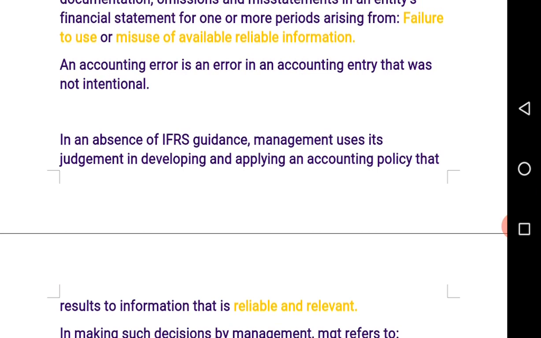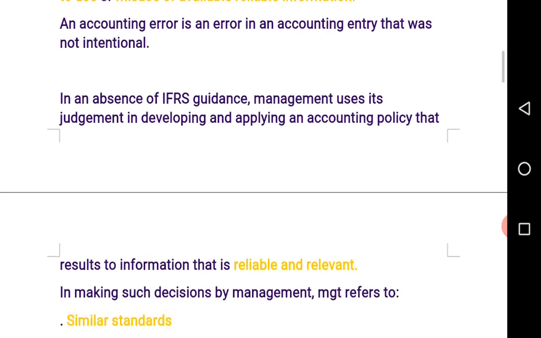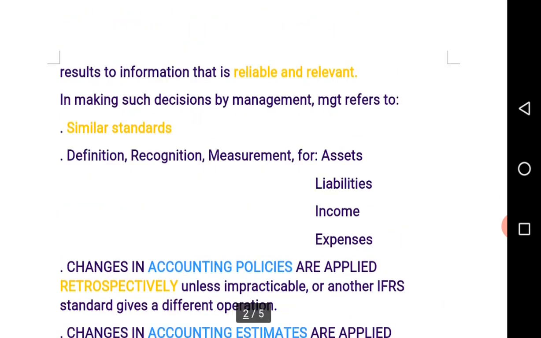But in setting its own rule, there are two conditions here. The information must be first reliable and secondly relevant. So if those two conditions are met, then it's free to put in the principle it wants in the financial statement for the transaction.